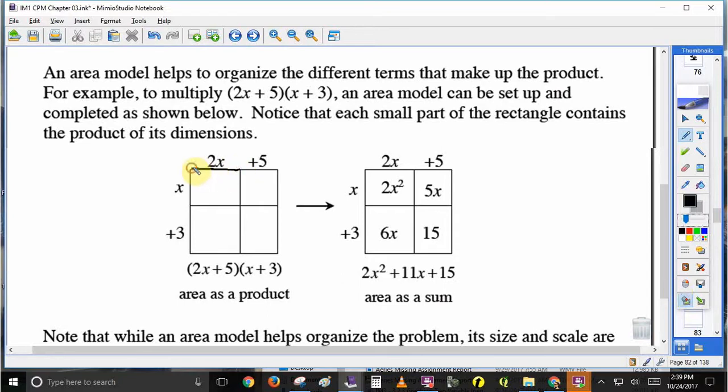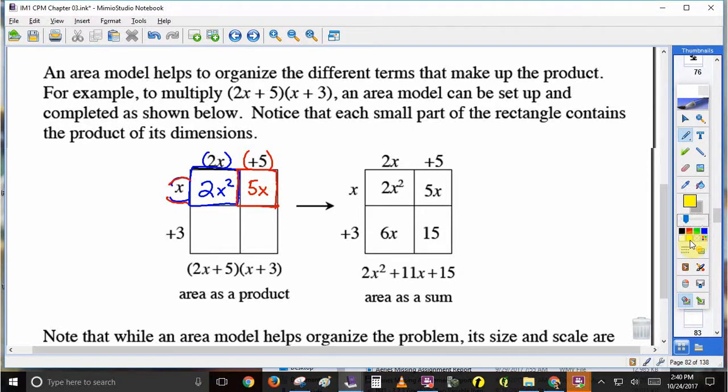We mean that if we look at just this upper left corner here, there's a little rectangle there. And we can think of that as length times width, which would be 2x times x. And then inside this we would have 2x squared, because 2x times x is 2x squared. This upper right corner would be 5 times x, or 5x.